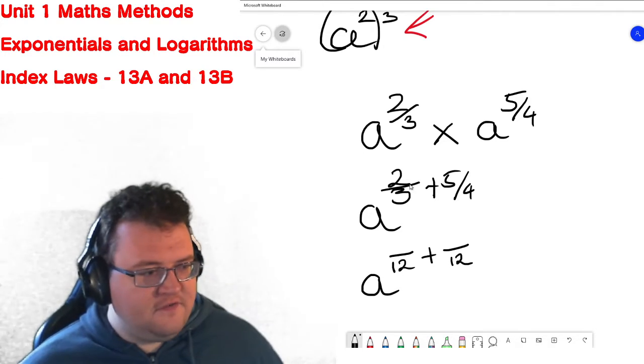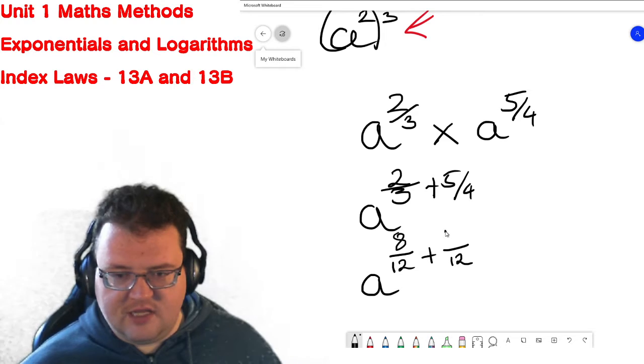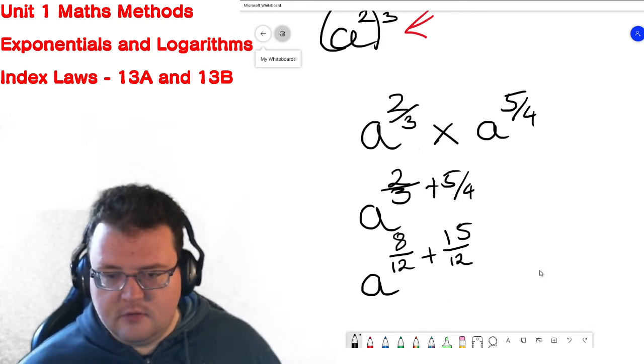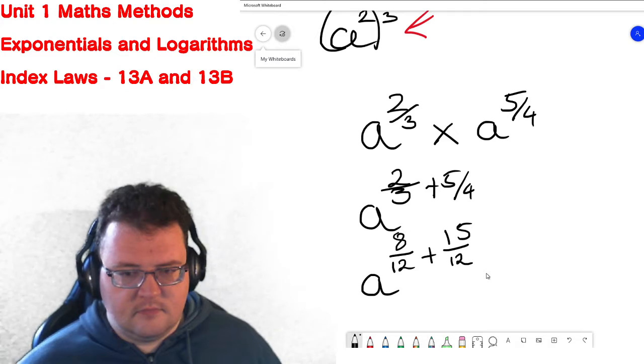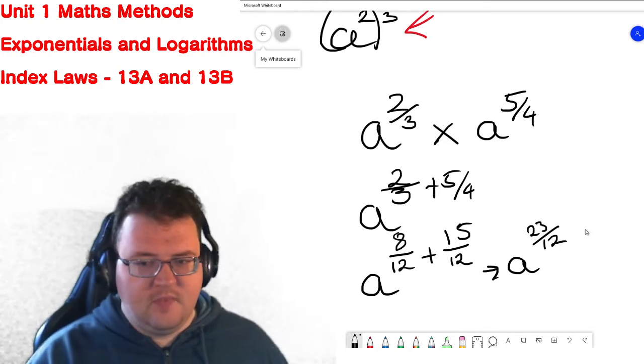So 1 on the left, times it by 4, top and bottom. And then times it top and bottom by 3. So that's 15. So what do I end up with? Yep. A to the 23 over 12.